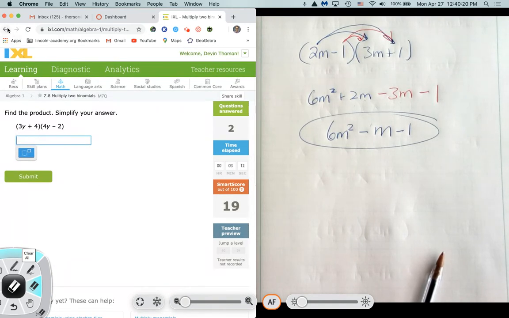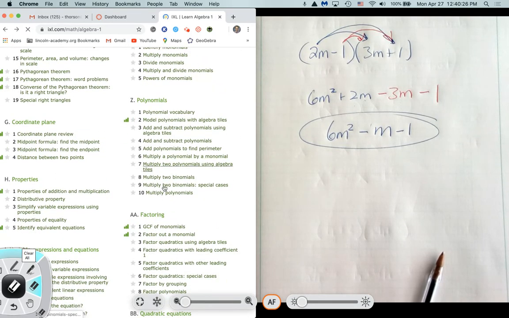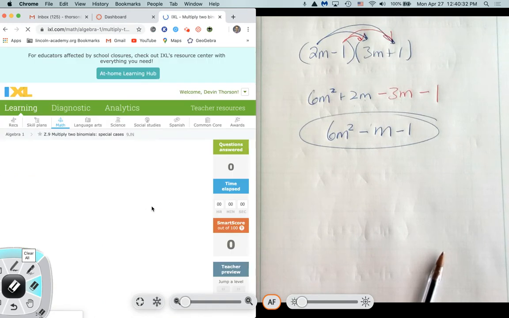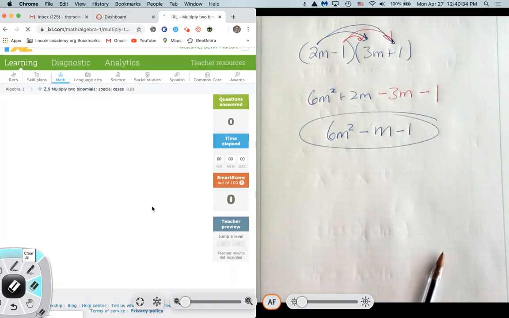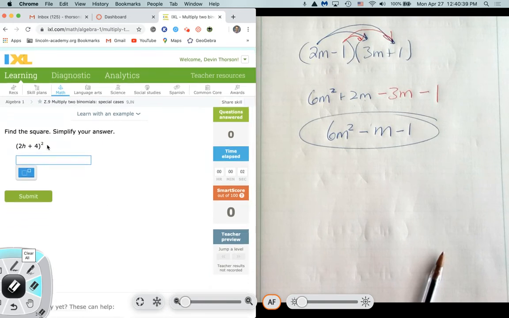Now, the next one, since I said I'm assigning both 8 and 9, says multiply two binomial special cases. Special cases is because sometimes students get very confused when they see an exponent on the parentheses themselves.